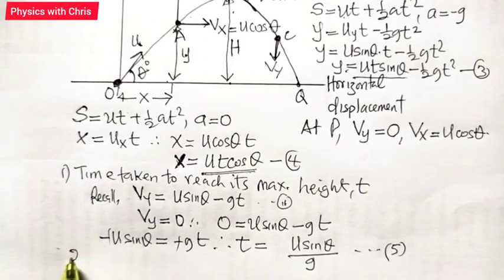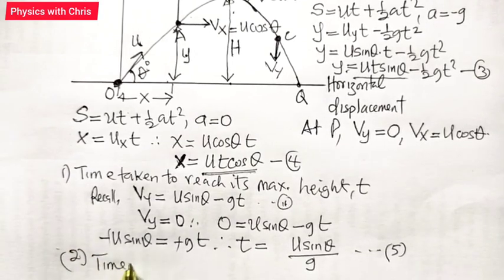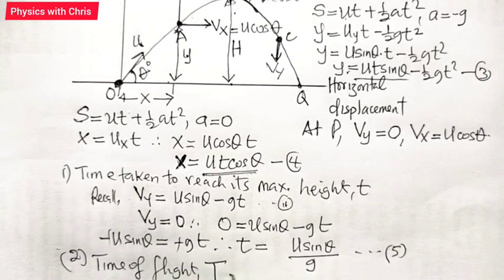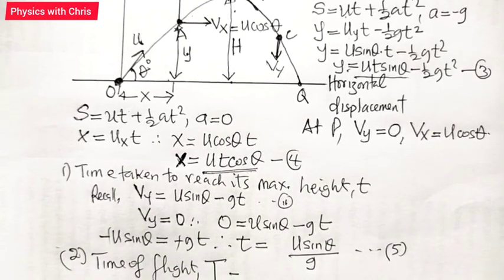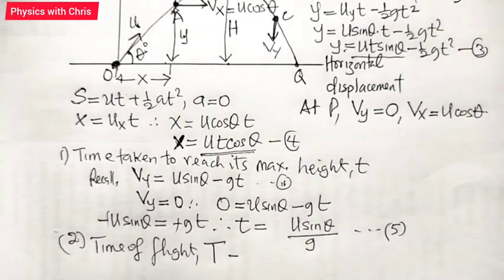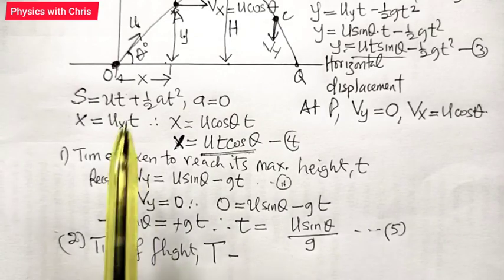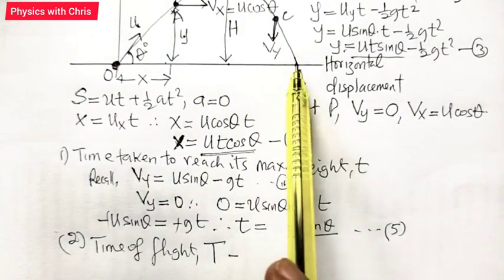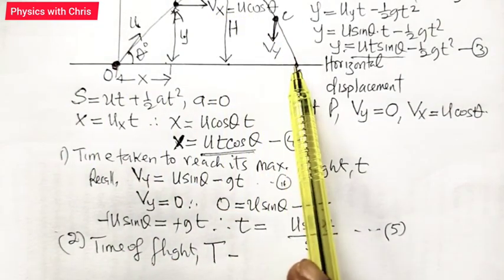Then let's look at number 2, the time of flight. For the time of flight, we use a symbol, capital T, to distinguish it from the time taken for the projectile to reach its maximum height. The time of flight is the total time taken for the projectile to go from the launch plane to the end of projection, to its final destination.